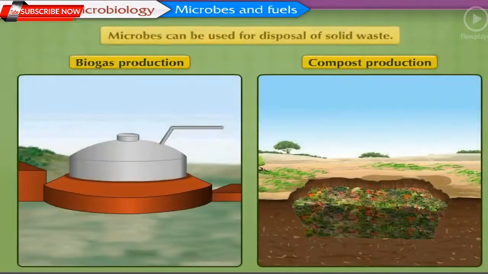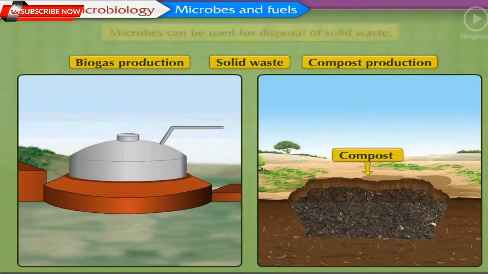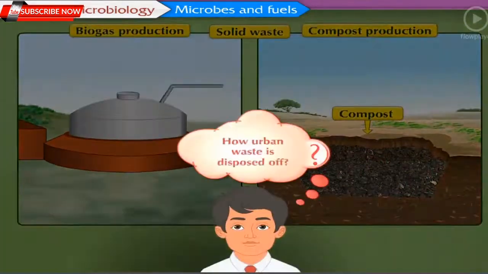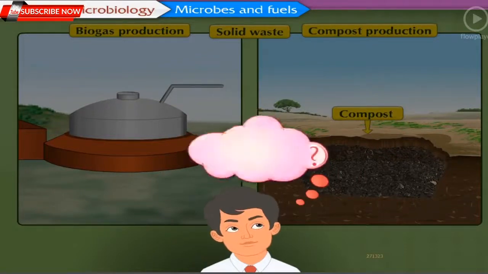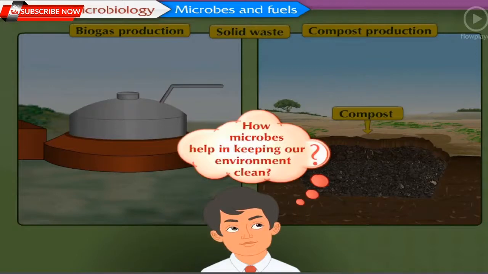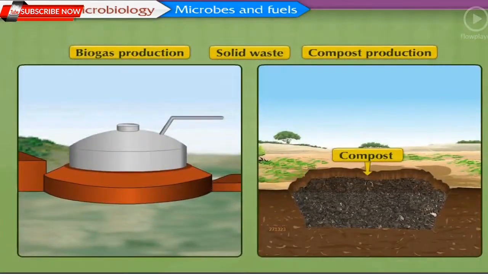We already know that microbes can be used for disposal of solid waste through biogas plant and compost production. But have you ever wondered how urban waste that is accumulated in tons is disposed of? How microbes help in keeping our environment clean? Come, let us talk about this in the next topic of the chapter.